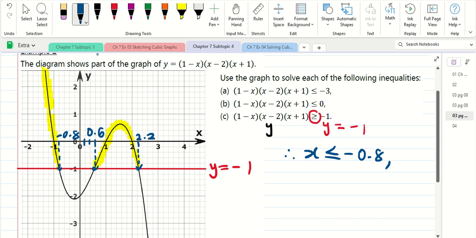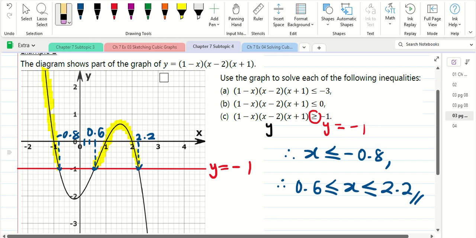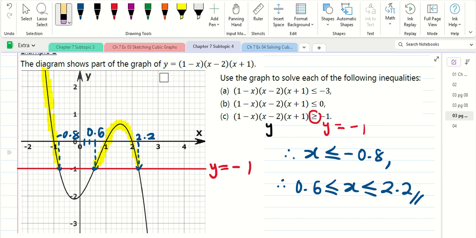So the last one is going to be between 0.6 and 2.2. So the inequality is going to be 0.6 less than or equal to x less than 2.2. This is the definition of the inequality for both solutions. This solution defines the value of x where the cubic graph is above y equals negative 1.